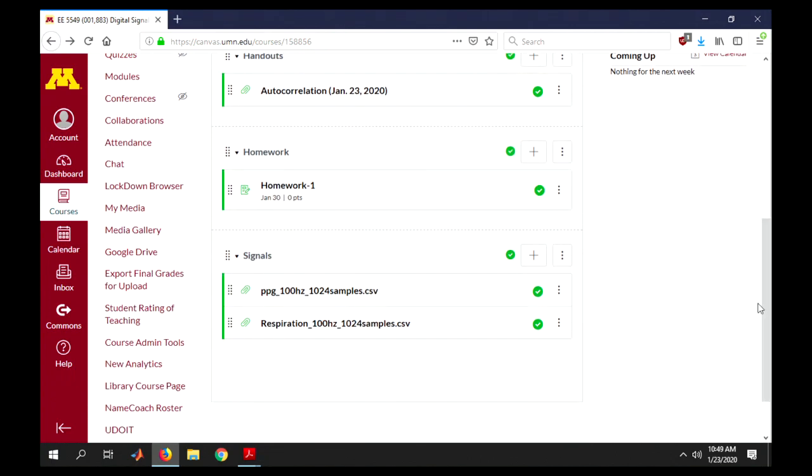There are two data samples that are posted. One is the PPG signal, and that will be used to compute the heart rate. The PPG sensor is measuring the PPG signal that can be used to compute the heart rate.